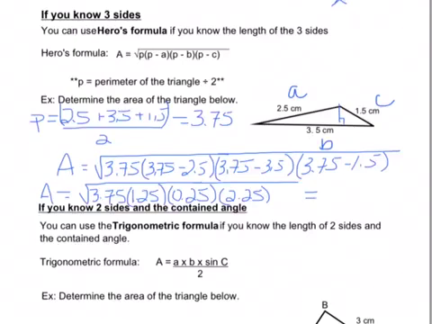This you might find easier to put in your calculator. So give it a try. Start by doing the square root, then 3.75 times 1.25 times 0.25 times 2.25, and then you have to close the bracket for your square root sign. Try it on your calculator, please. Pause the video, see what you get.